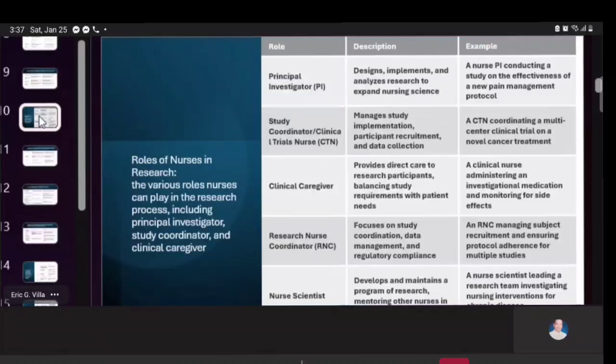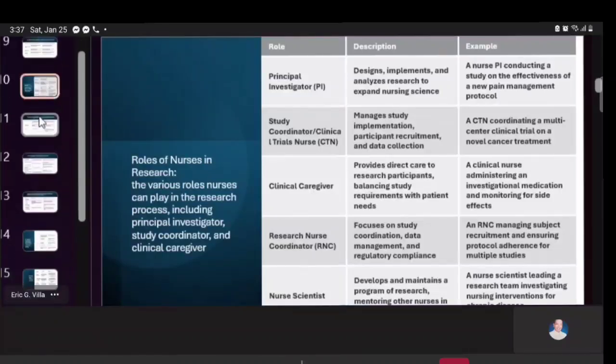These roles span from leading research projects to providing direct care to research participants, wherein each of these roles has its uniqueness, responsibilities, and challenges. Let's discuss first the roles. One of the roles is as a principal investigator.